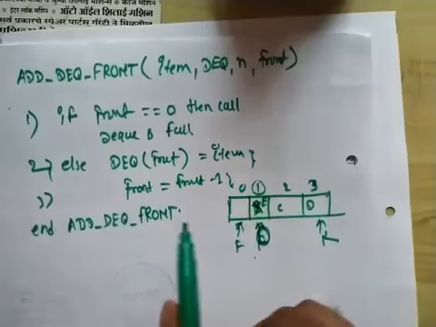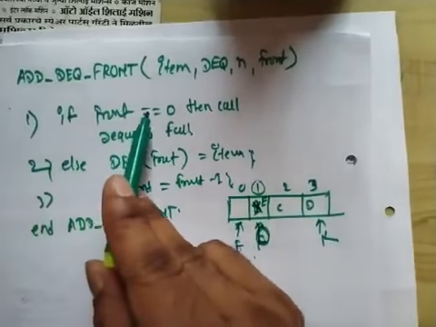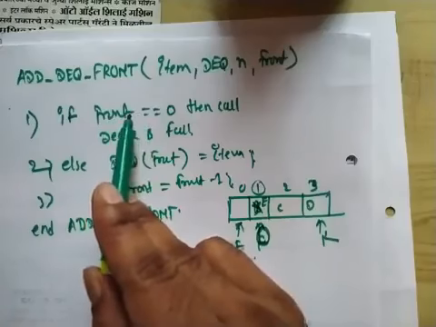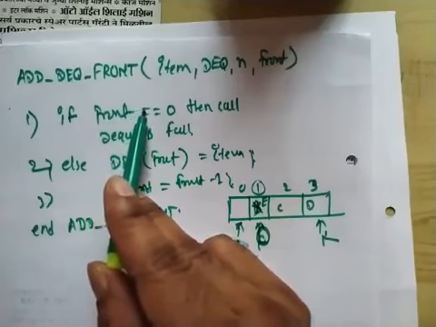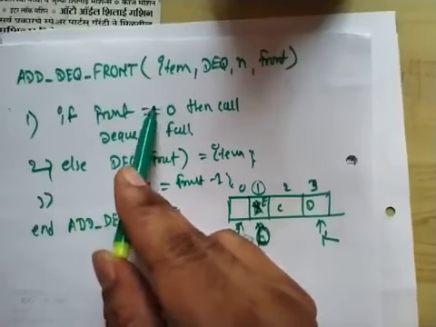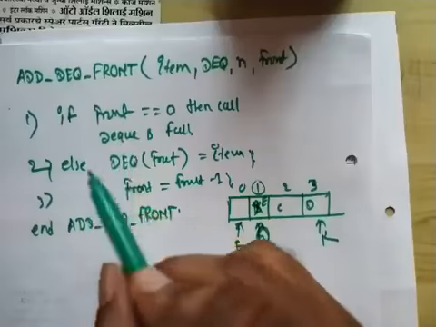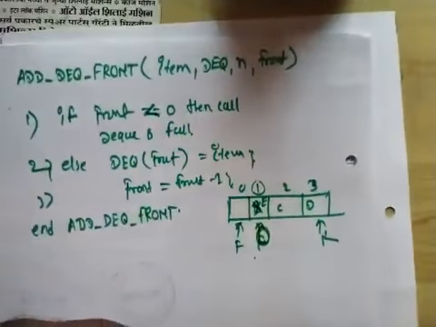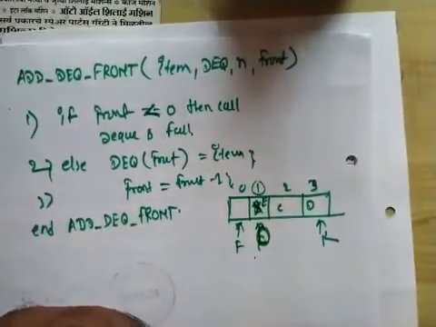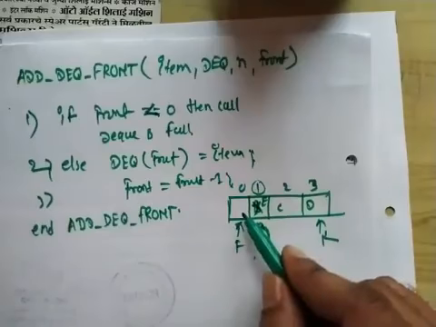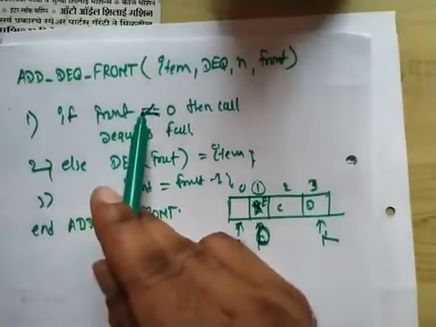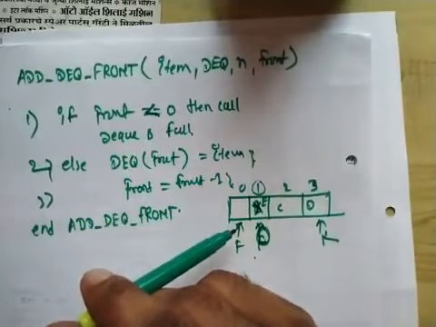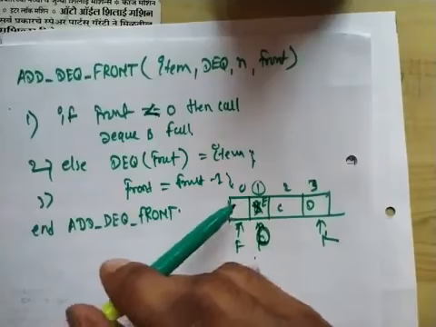Now we are supposed to update this condition if you are using an array: if front is less than 0, then call deque is full. If we keep the condition front is equal to 0, it will say the queue is full and we cannot utilize this place.